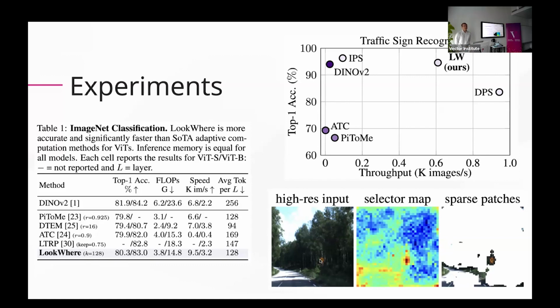Just as an immediate follow-up that occurred to me, I think these are ImageNet, but I'm curious if you tested something like a multi-label classification problem, where you had multiple classification tasks that you were trying to do. Because I'm curious, you're going to get competing attention, and how you select patches is going to be a little bit more complicated.